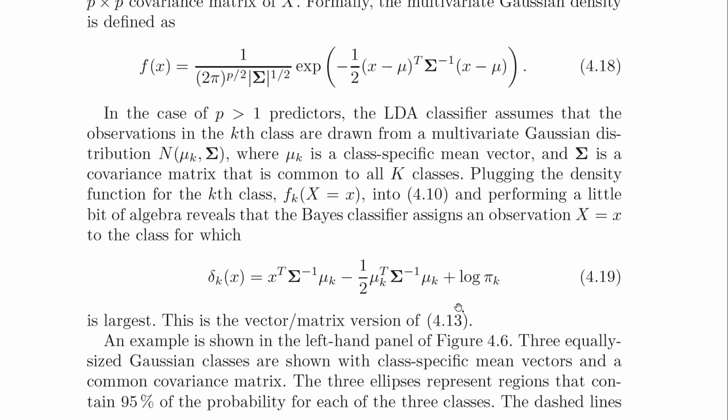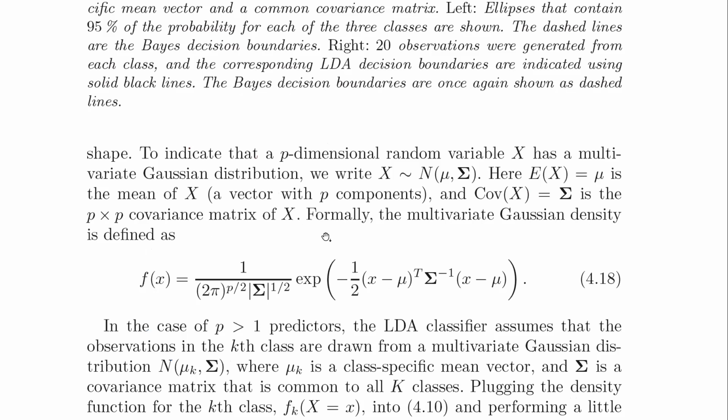Okay, and really that's it. I think this is all we need to know for multivariate Gaussian distributions.